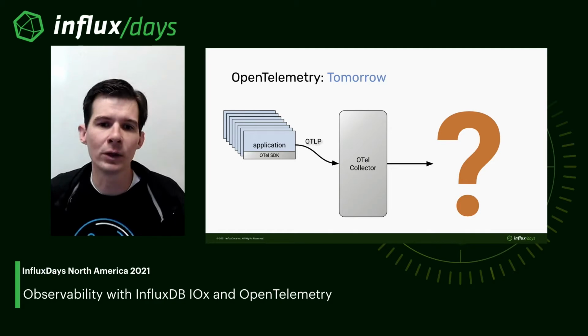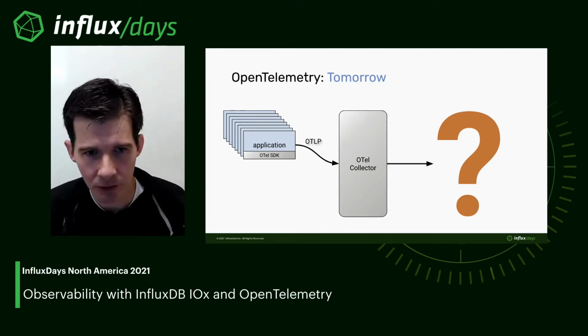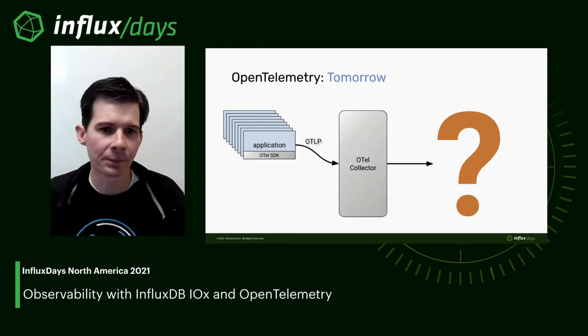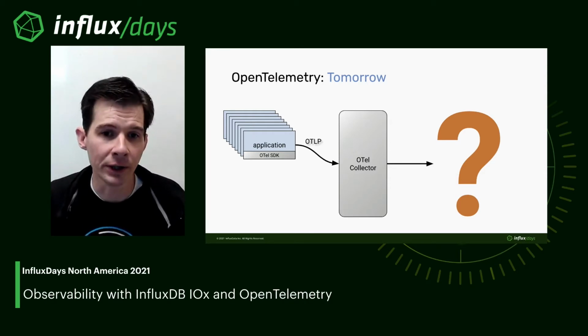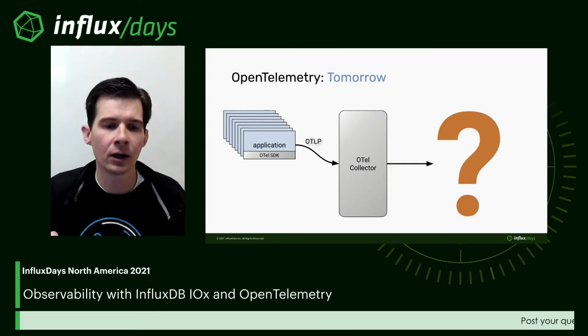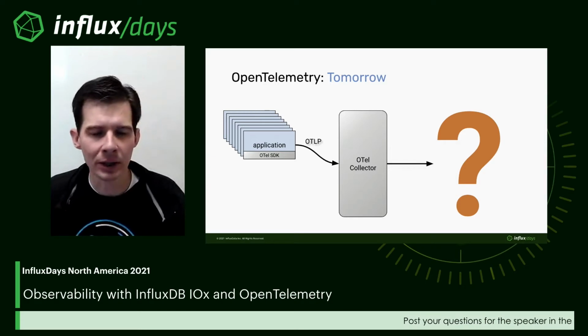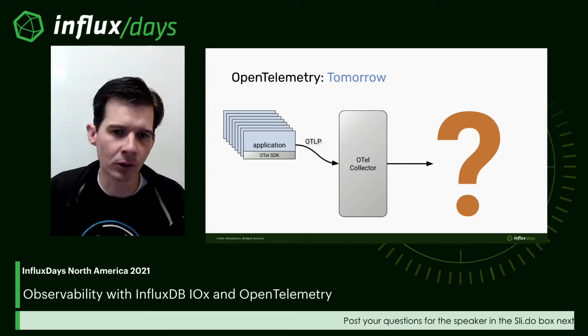Because OpenTelemetry is one standard and one implementation for all of our observability signals, the story is completely different. We instrument our application once with the OpenTelemetry SDK, and we collect those signals by pushing OTLP messages. It's just the OpenTelemetry standard protocol.